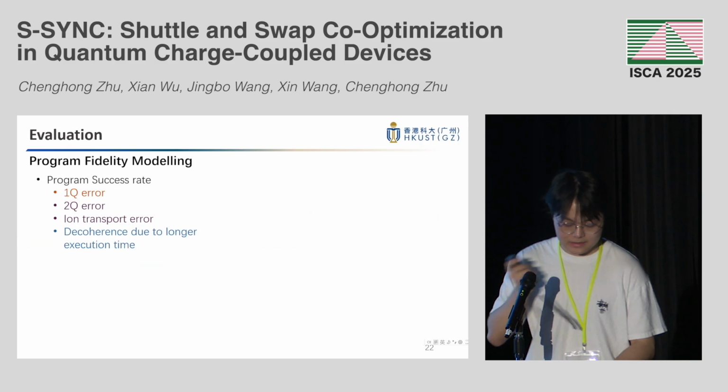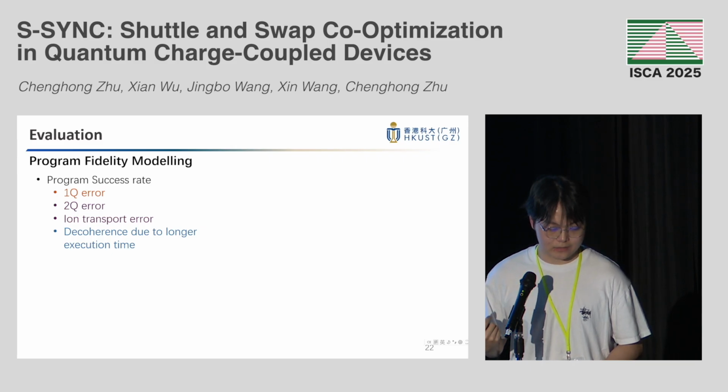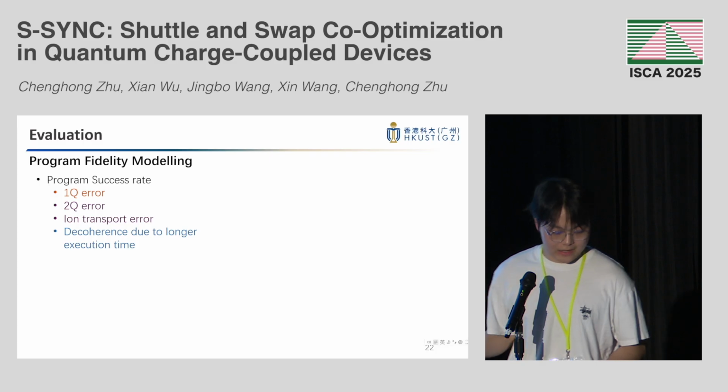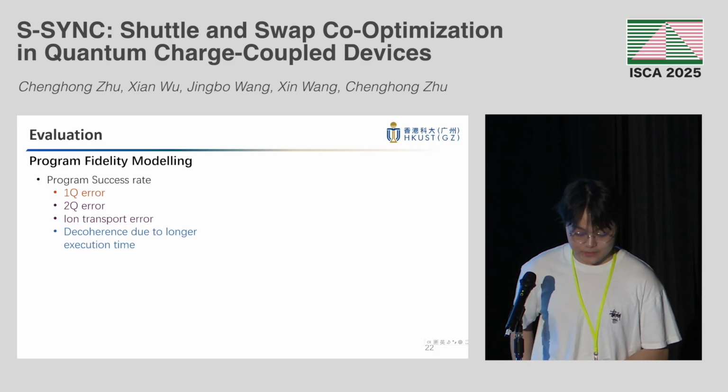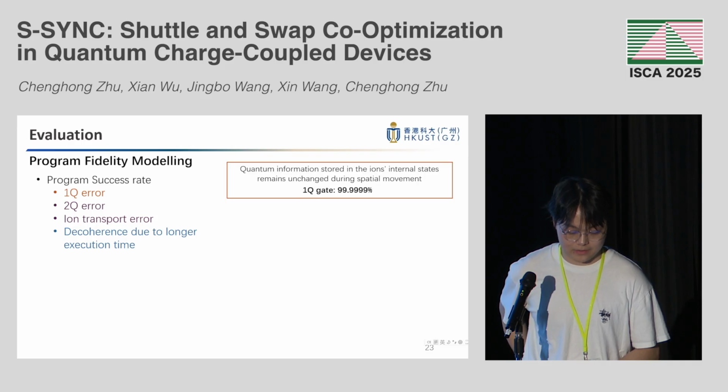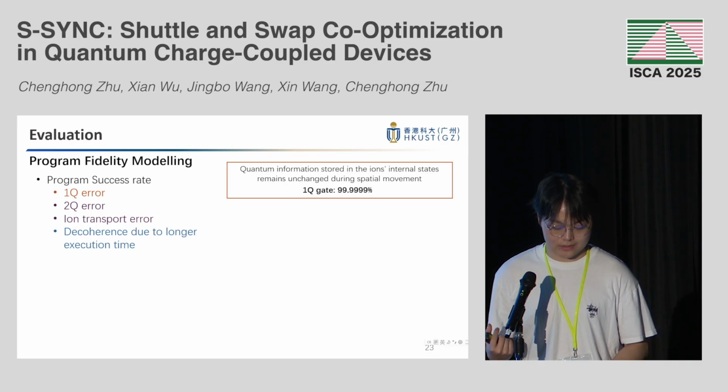Then after we have these algorithms, we need to evaluate the programs. To evaluate the program success probability, we consider the 1-qubit error, 2-qubit error, ion trap transport error, and decoherence due to the longer execution time.